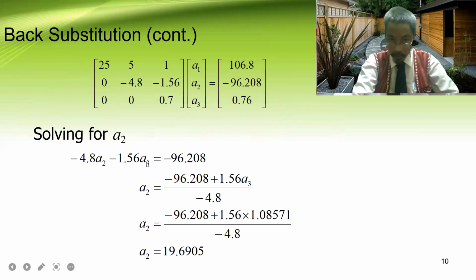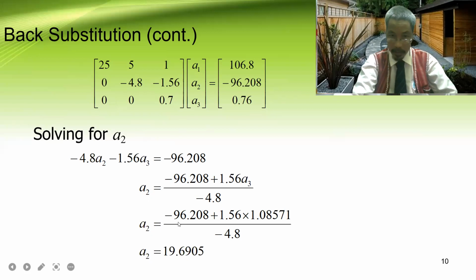So A3, substitute the value, multiply by negative 1.56, and then put to the other side, that will become positive 1.56, and then divide both sides by negative 4.8. So this is our simplification.